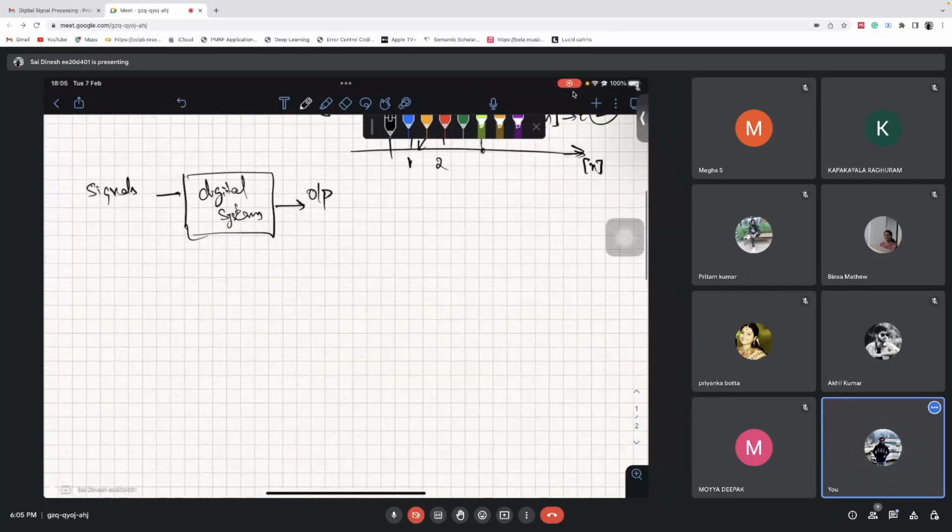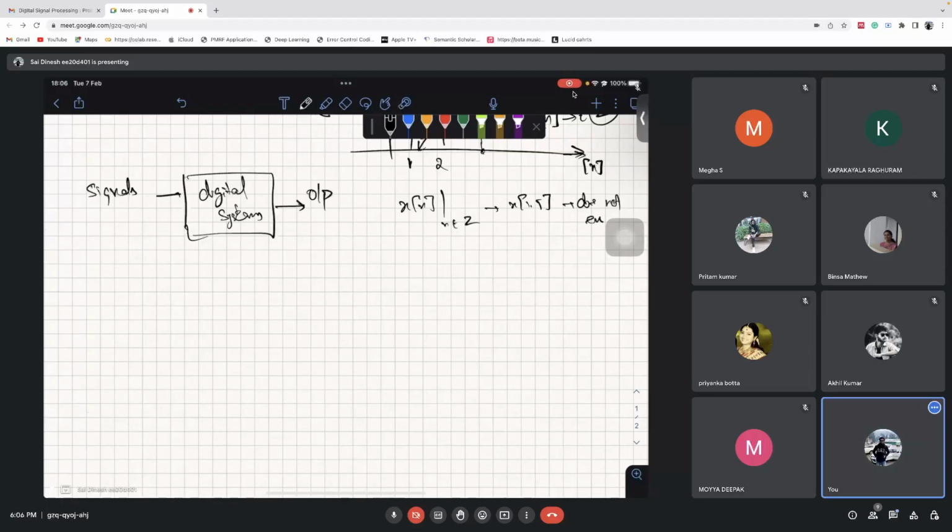Now, as I said earlier, x of n for n belonging to integers, and sorry, x of 1.5 does not exist, right?